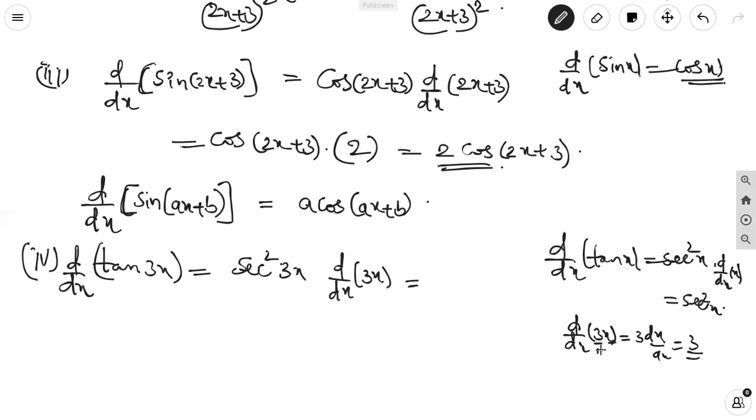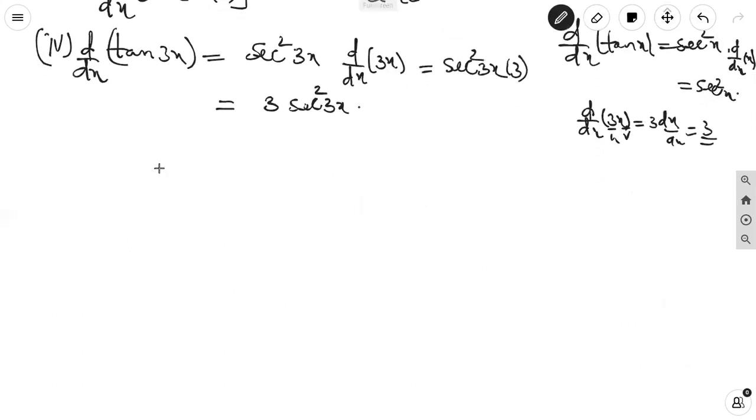Here also taking u and v, the derivative of 3 is 0, the term vanishes. So it is 3 secant square 3x into 3, that is equal to 3 secant square 3x.